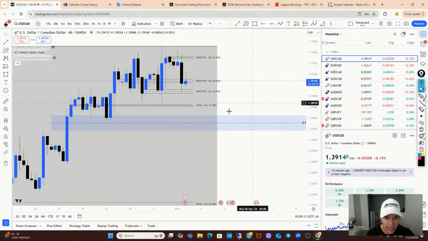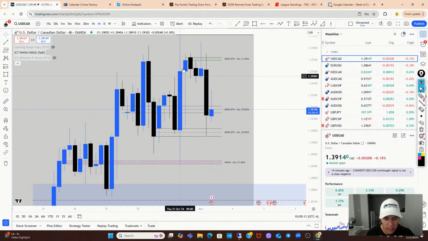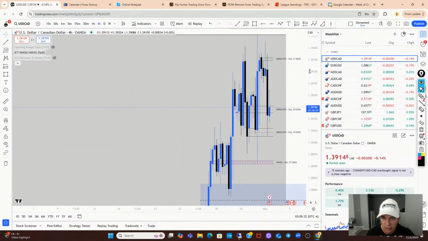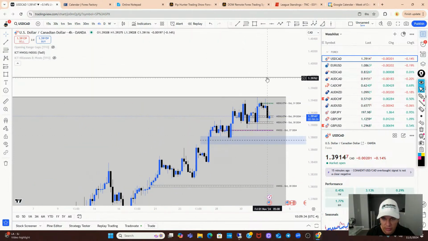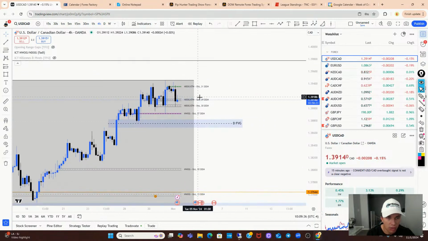But we're not getting any change in state of delivery to the downside. We had that NFP news bring price to this area that's holding as support, this new daily opening gap from the 30th, and we've rejected out of that area. So we're really in an accumulative stage right now, with nothing really going on with the USD CAD.